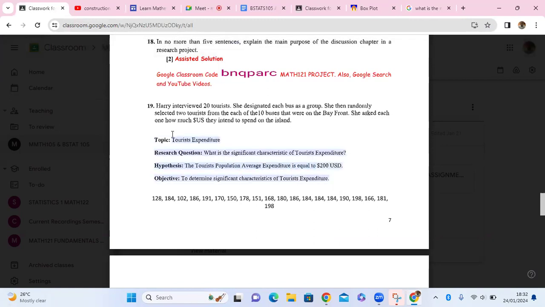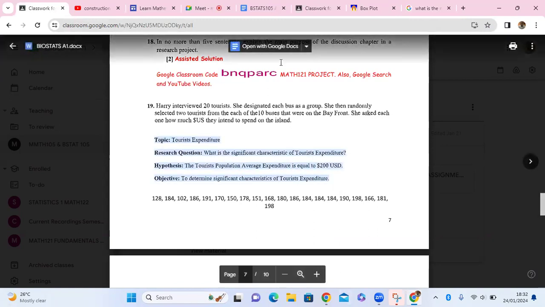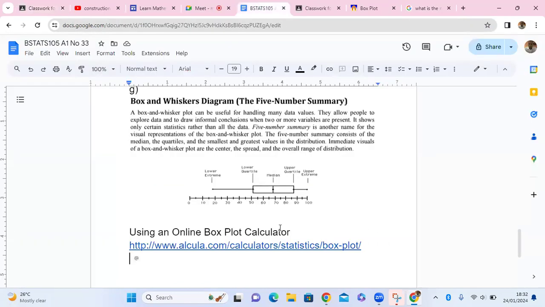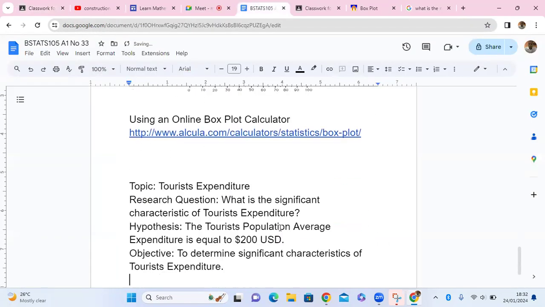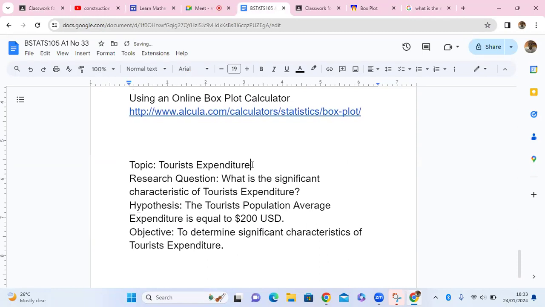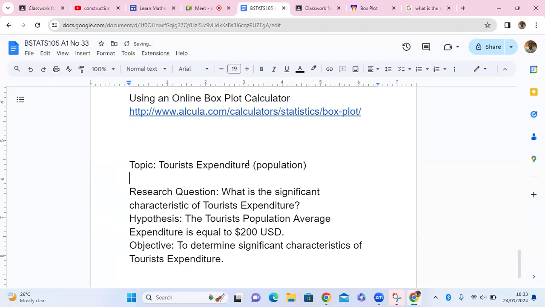Bear in mind that whenever you are asking a research question, even the topic, let's start with the topic. The topic is about the population. When we say tourist expenditure, we're talking about tourists as a whole.